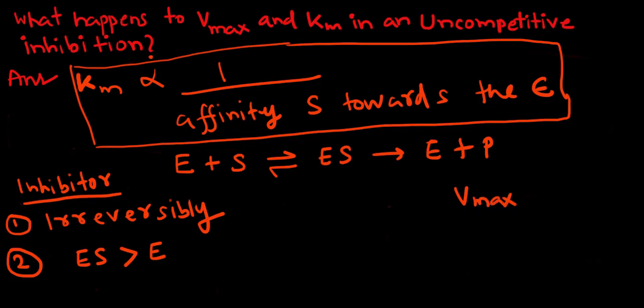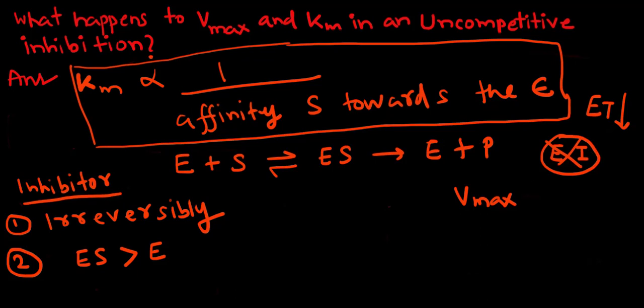So the binding is irreversible, right? The enzyme is binding with the inhibitor irreversibly, which means once the inhibitor binds to the enzyme, it is non-functional and it is lost, right? So ET, the total enzyme, is going to go down.